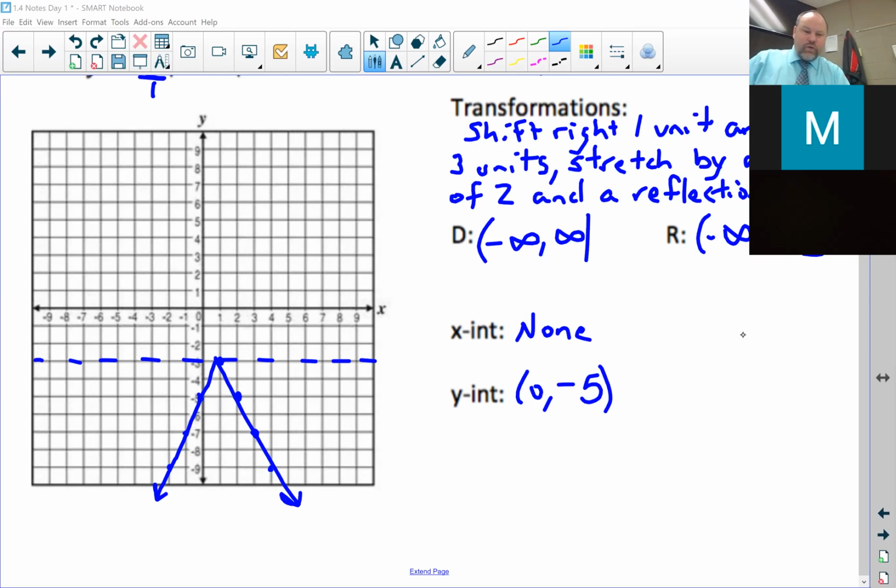And again, on the homework and on your quiz that you have next week, you'll be given the 0 coordinate. You'll just have to plug in the -5. So technically the y-intercept is the point 0, -5.